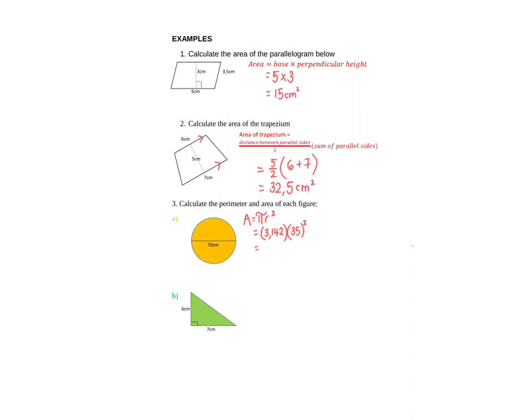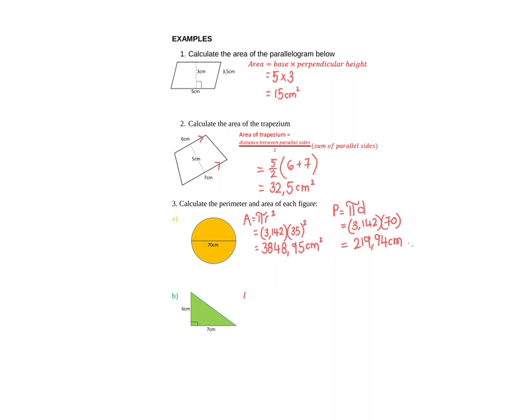That is 3,848.95 centimeters squared. And for the perimeter, it is pi times the diameter, since the diameter is given in this example. So we substitute pi with 3,142, and diameter with 70, and that gives you 219.94 centimeters linearly.